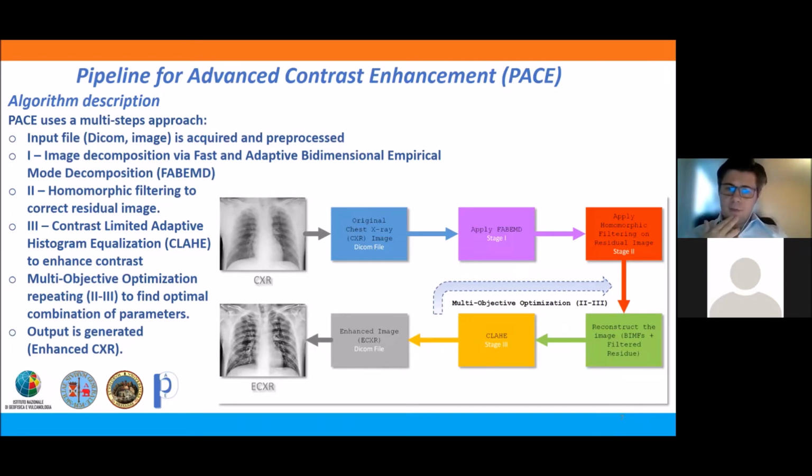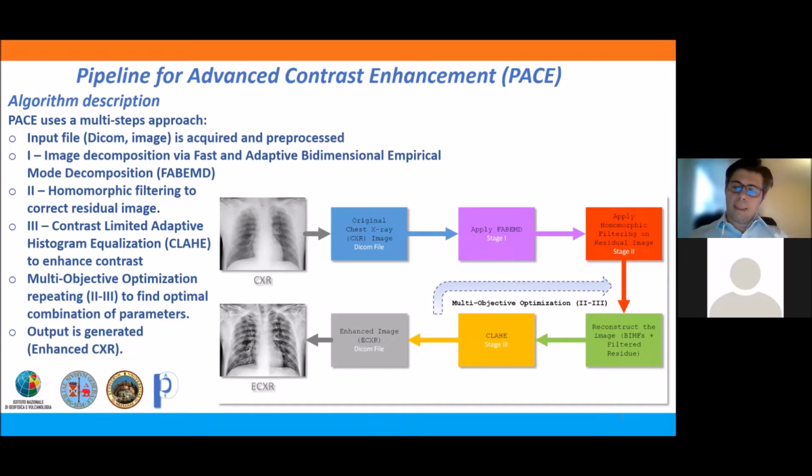And what we do is take this residual image and perform another step of the processing pipeline for PACE. This step is called homomorphic filtering. The homomorphic filtering, and we will see that in a bit, is able to correct the residual image and improve the overall results at the end.